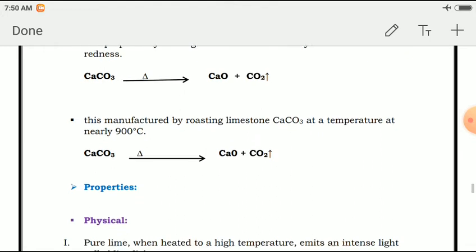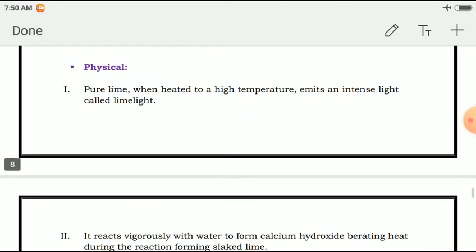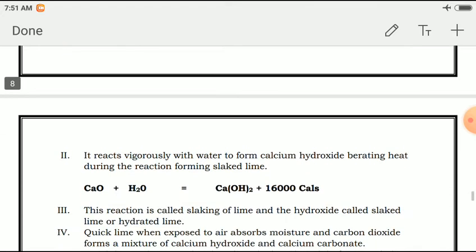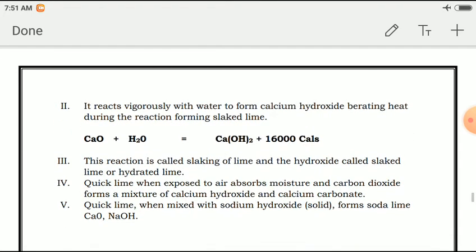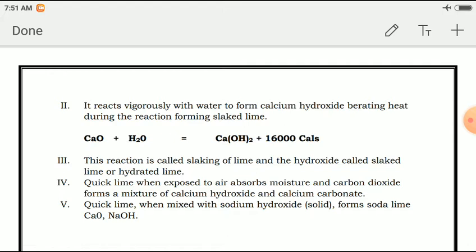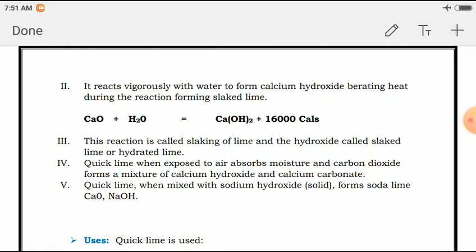First we will see the physical properties. Pure lime, when heated to a high temperature, emits an intense light called limelight. It reacts vigorously with water to form calcium hydroxide, liberating heat during the reaction, forming slaked lime.